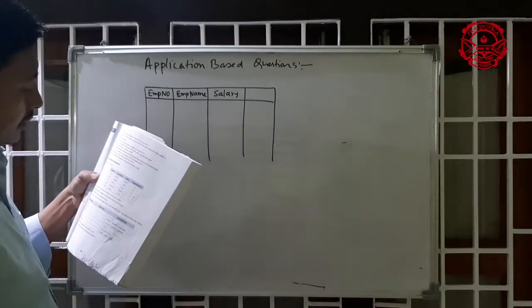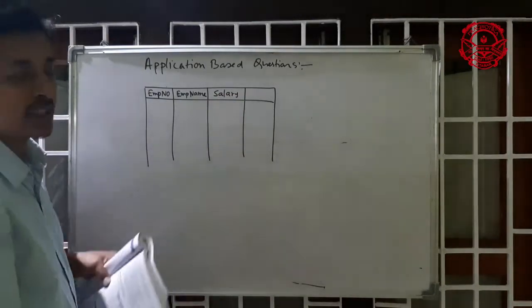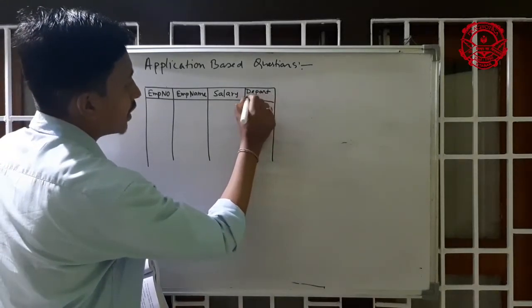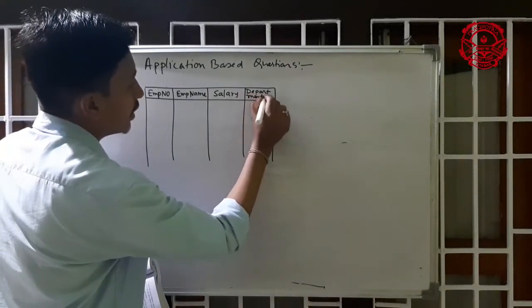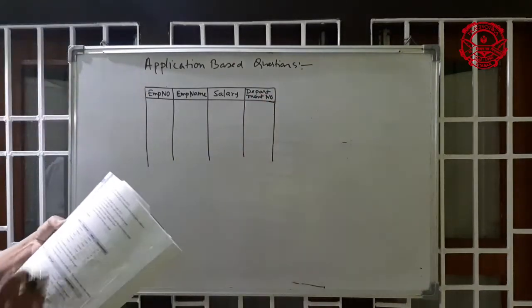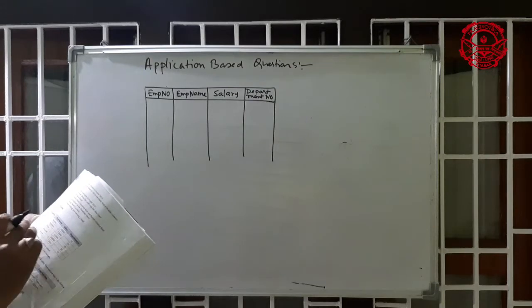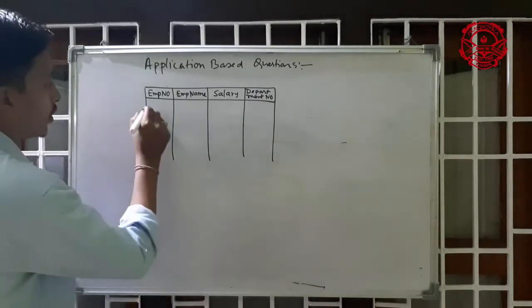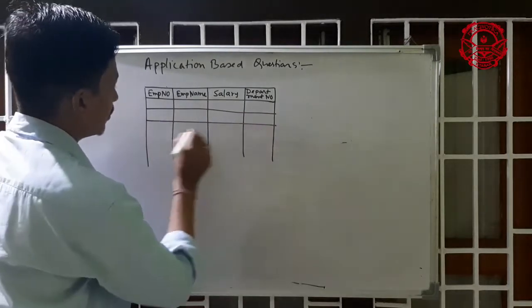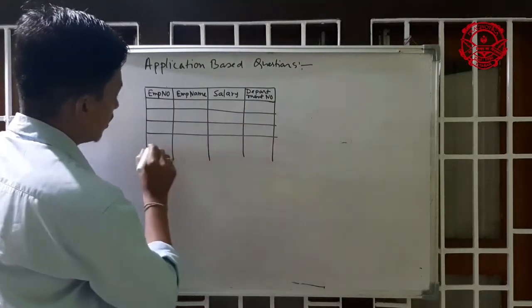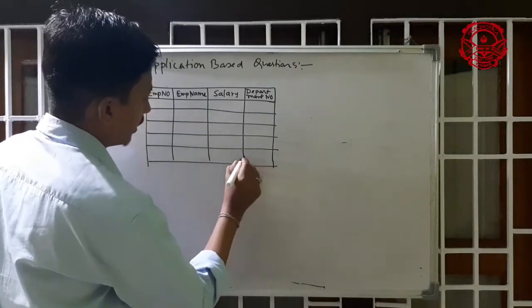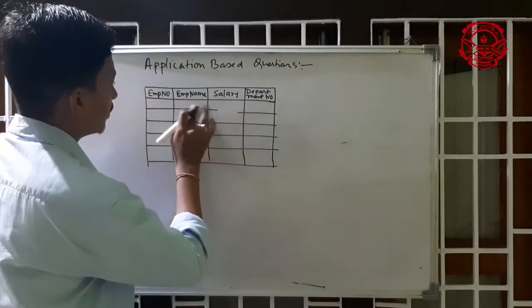The last field name is department number. Okay. After that, there are 5 rows. These are the 5 rows.